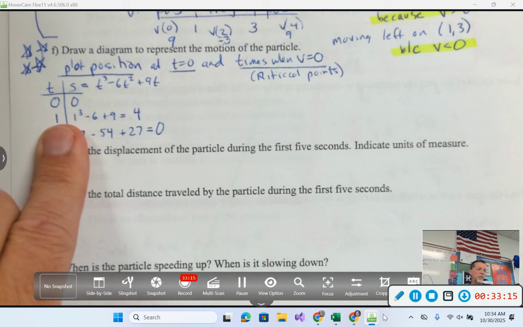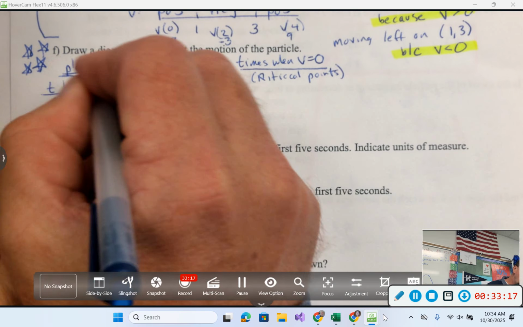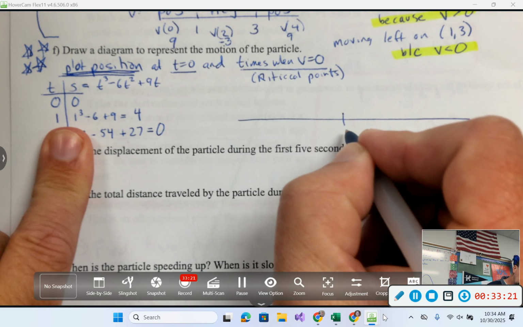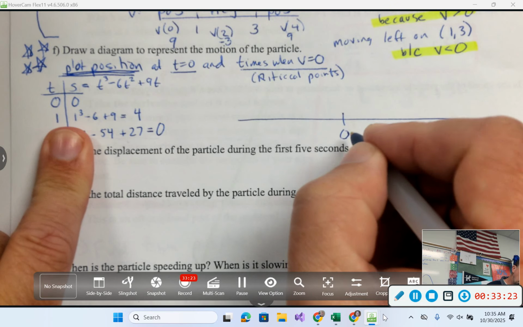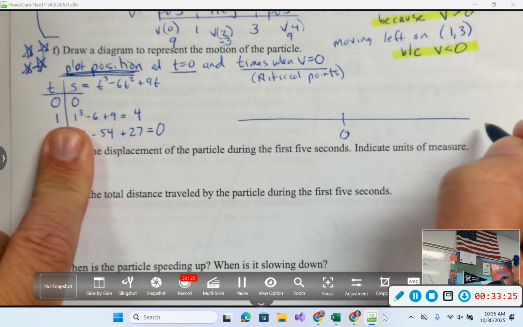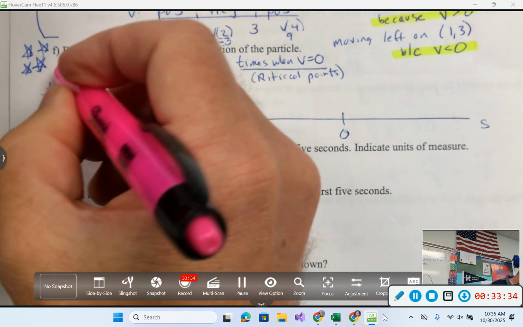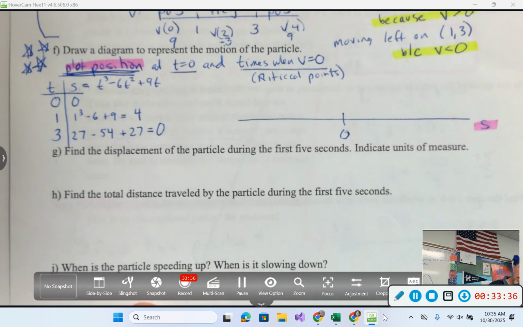So we're going to start at 0, 0. We're plotting position. So at position 0, this is a number line graph of S because we're plotting the position.